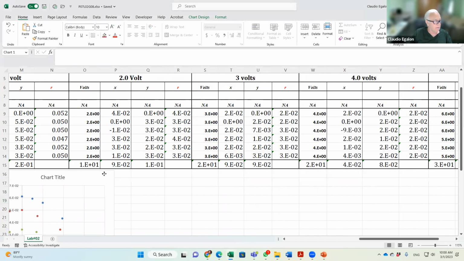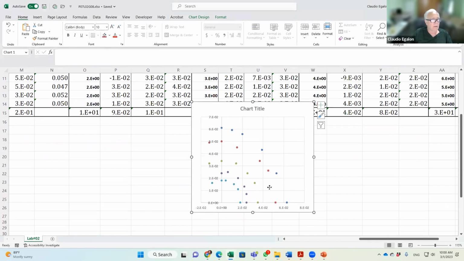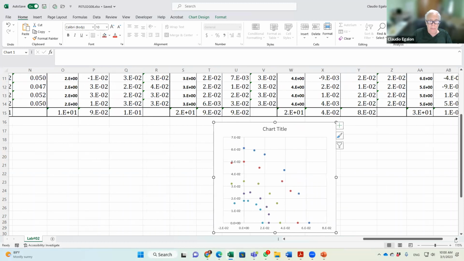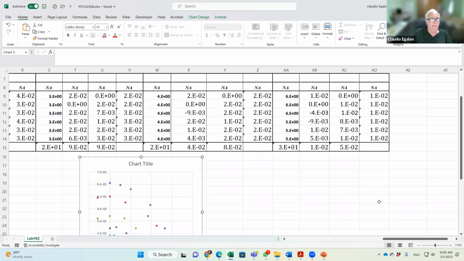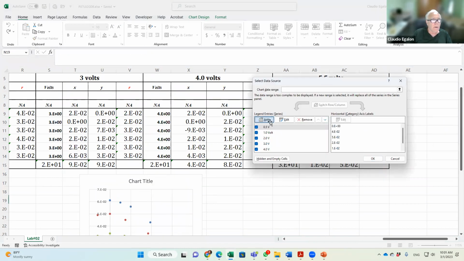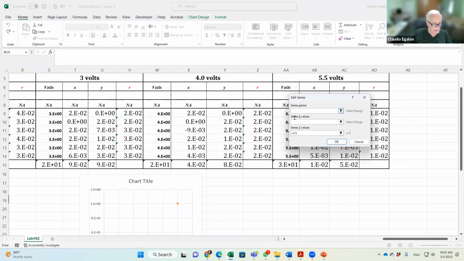We're gonna see how this graph is going on. Okay, here you go. Half, 1, 2, 3, 4. And the last one. It should be 5 volts.